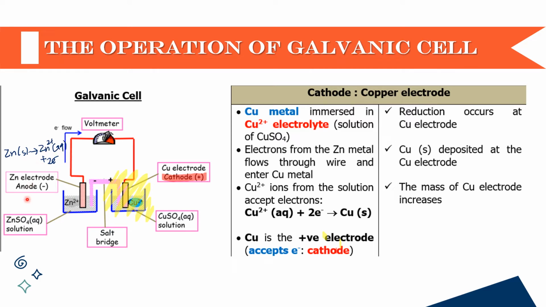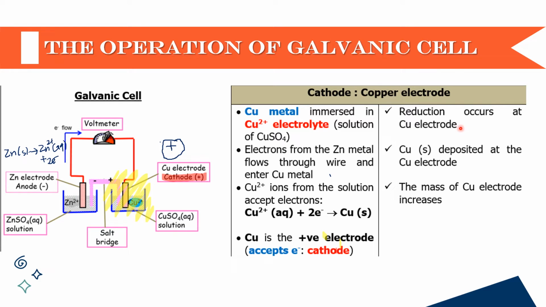If this is our negative terminal, automatically over here is our positive terminal, so let me put it as positive. Copper is the positive electrode and it will accept electrons. So this is our cathode.